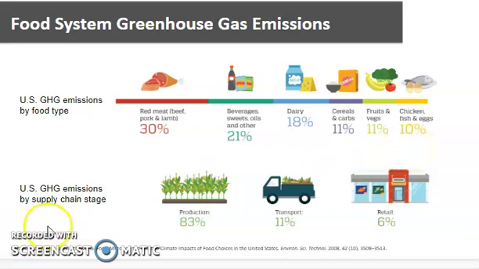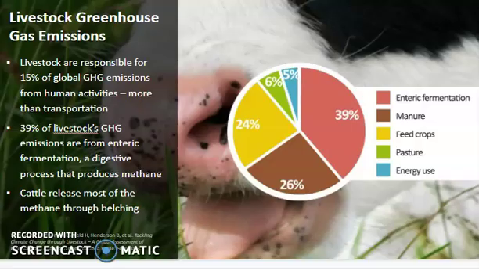The U.S. greenhouse gas emissions by supply chain stage. So this is once again just in the agricultural industry. 83% of the emissions are due to the production of the crop or animal. 11% is transport, and 6% are retail greenhouse gas emissions. So globally, livestock are responsible for about 15% of the global greenhouse gas emissions that are from human activities.